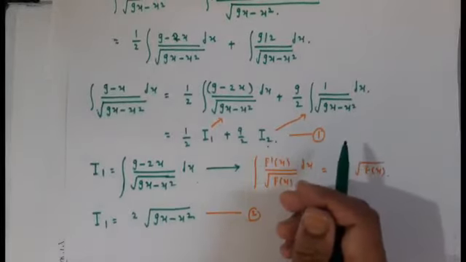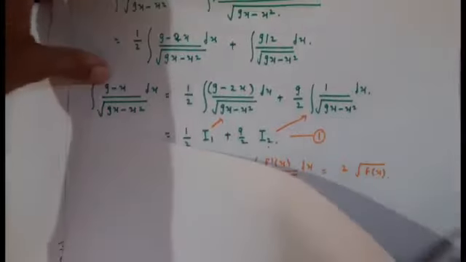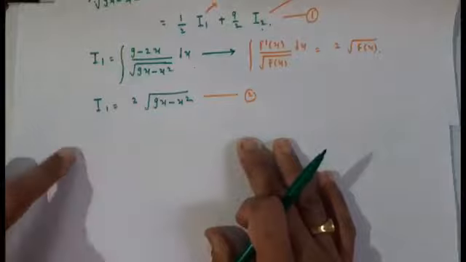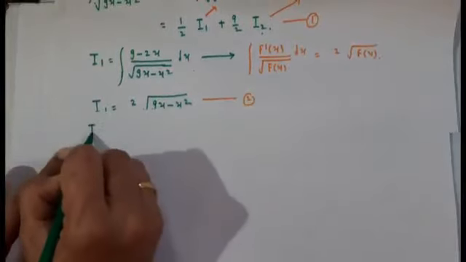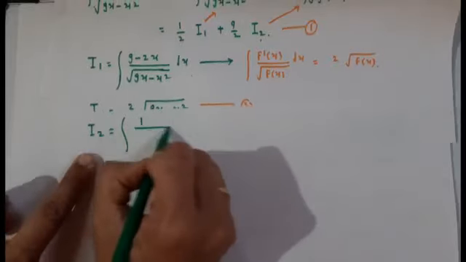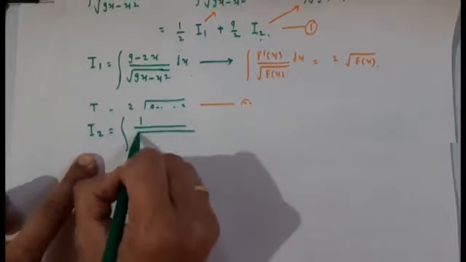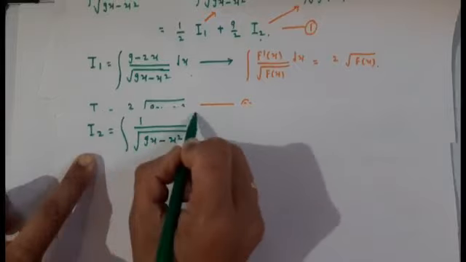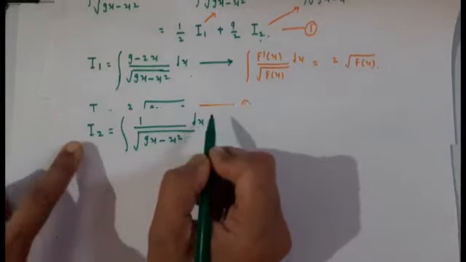The integration I2 equals integration of 1 upon square root of 9x minus x square with respect to x.